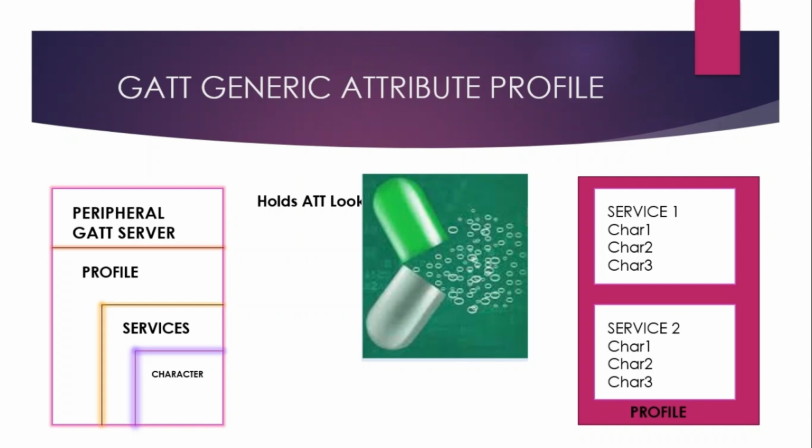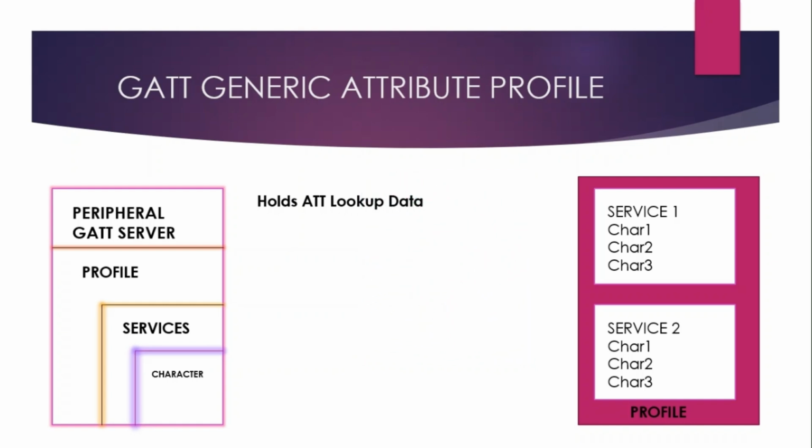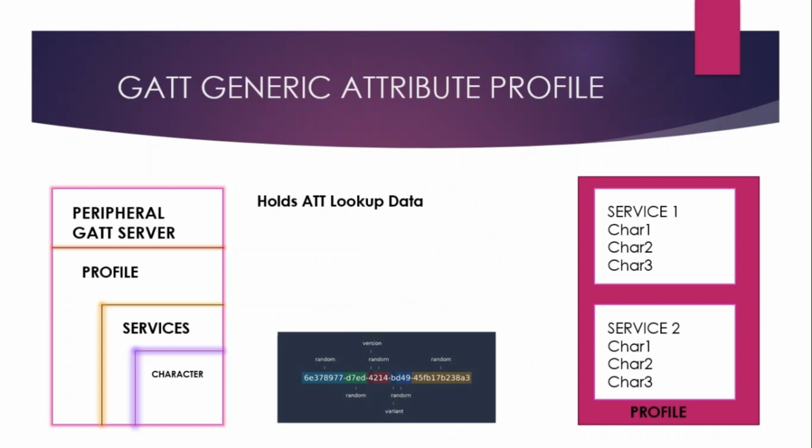For example, an accelerometer has x, y, z axes, and all this x, y, z axis data will be contained in the characteristic. Similar to a service, it has its own UUID. If the UUID of the characteristic is 16-bit, it's an official UUID. If it is 128-bit, again it's a custom UUID.